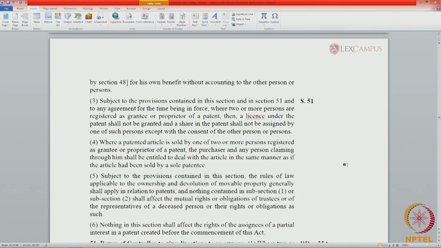Section 53. Subject to provisions contained in this section and in section 51 and to any agreement for the time being in force, where two or more persons are registered as grantee or proprietor of a patent, then a license under the patent shall not be granted and a share in a patent shall not be assigned by one of such persons except with the consent of the other person or persons.